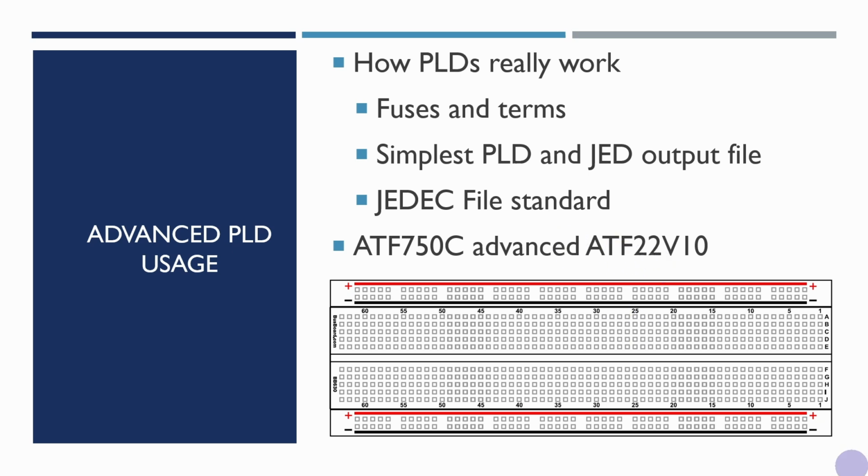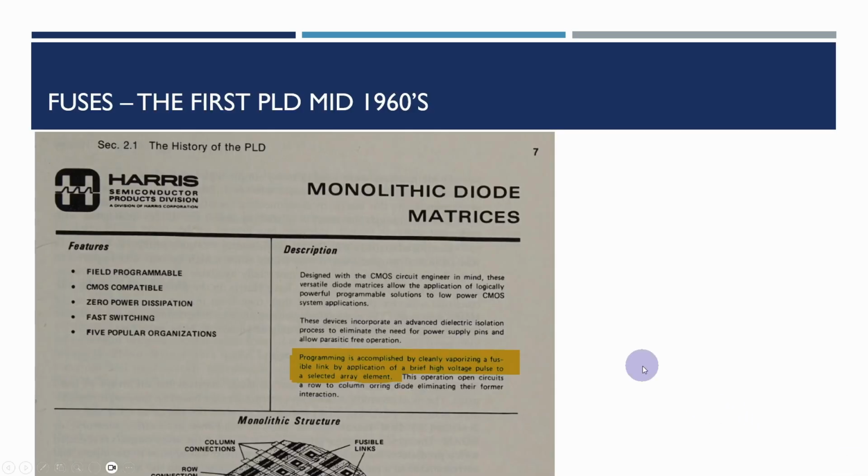You'll hear the term fuses a lot, and fuses came from the first PLDs in the mid-1960s. According to the book I referenced in the earlier videos, which I'll include a link to in the description below, one of the first PLDs was actually a diode matrix from Harris Semiconductor in the mid-1960s.